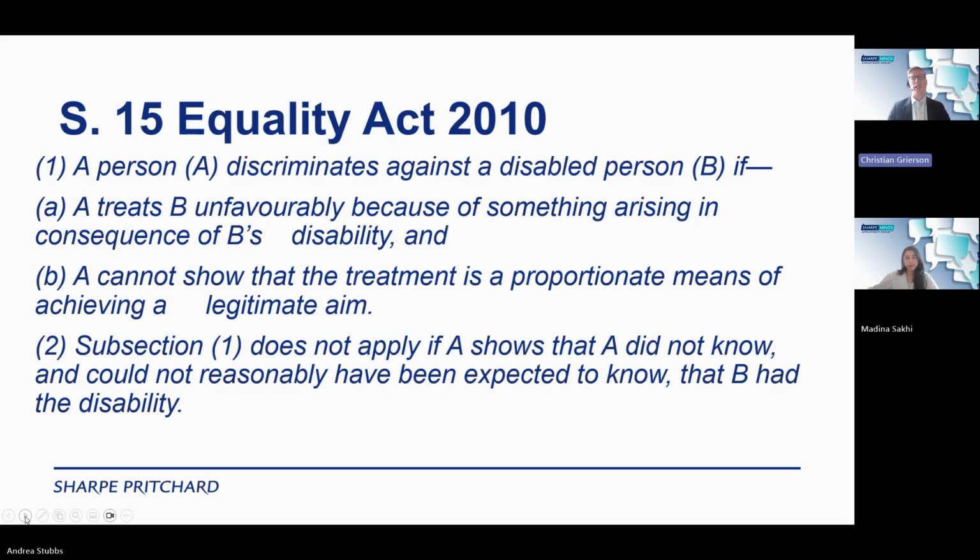So if we look at the legal definition on the screen, a person A discriminates against a disabled person B if A treats B unfavorably because of something arising in consequence of B's disability, and A cannot show that the treatment is a proportionate means of achieving a legitimate aim. That test won't apply if A can show that A did not know and could not reasonably have been expected to know that B had the disability.